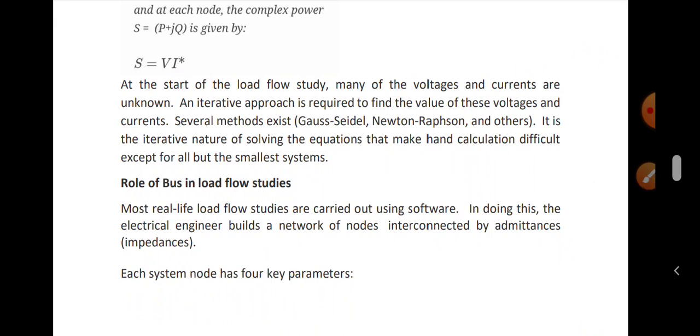Now the next thing which we will discuss is the buses. What is a bus and what is the role of a bus in any power system network.